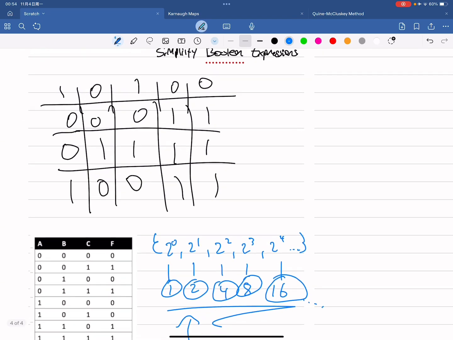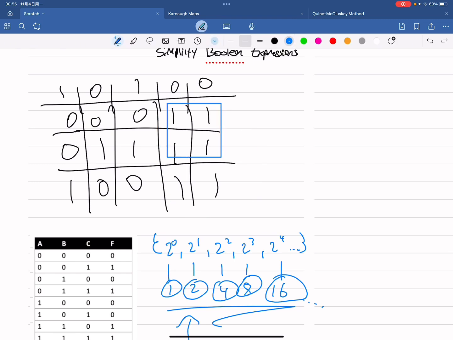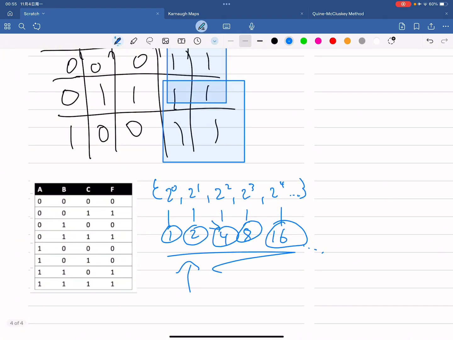Okay, that was it. So what groups can I make that also satisfy having 2 to the power of n group sizes? We can do that by grouping twice, these two groups, 2 groups of 4, which is possible because 4 is in the set, which is perfectly legal.